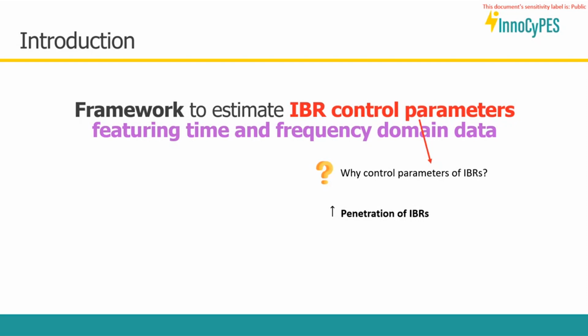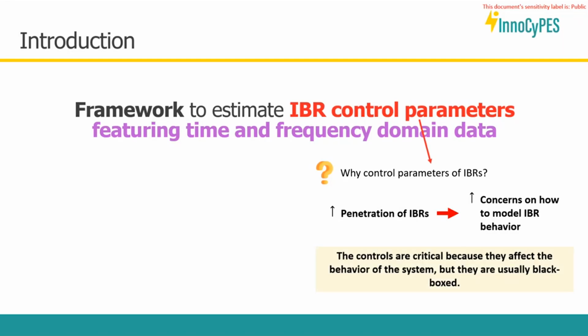So we have these inverter-based resources interfacing with the grid and increasing. It brings some concerns: how to model the IBR behavior, and how we can predict the behavior of them once we are connecting them.